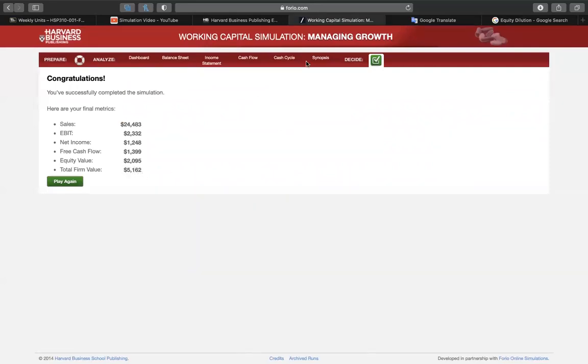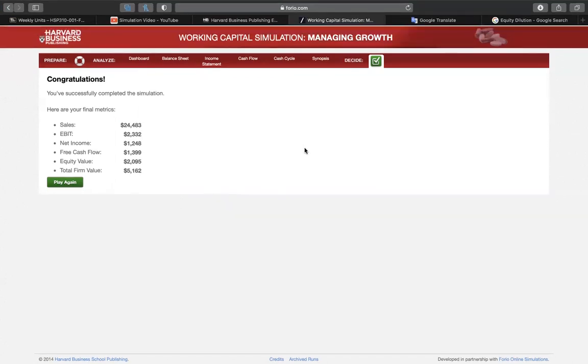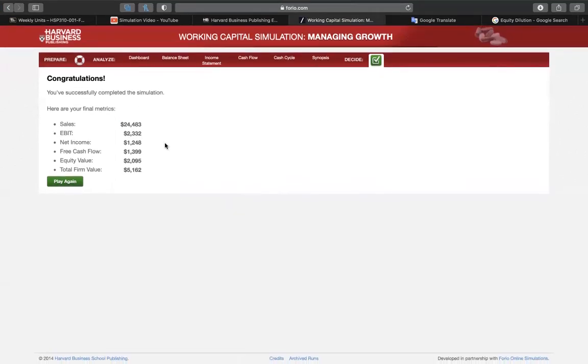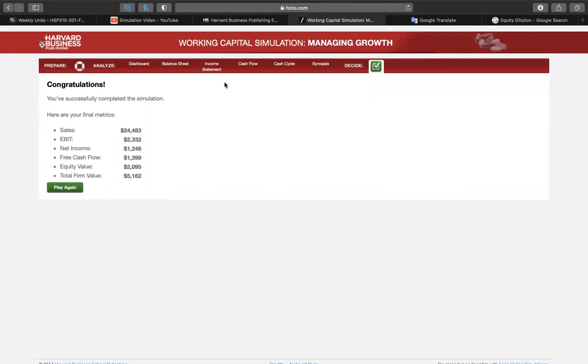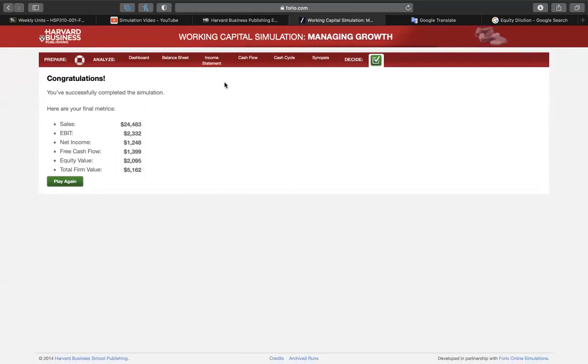I think it is a high number, because I can never go higher than this number in this simulation. Maybe someone can, but I think I have a good strategy in this capital simulation.